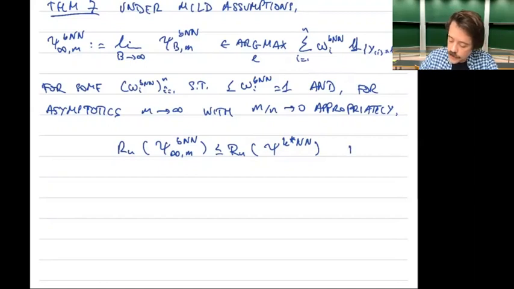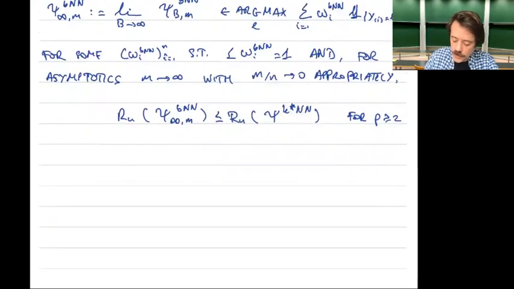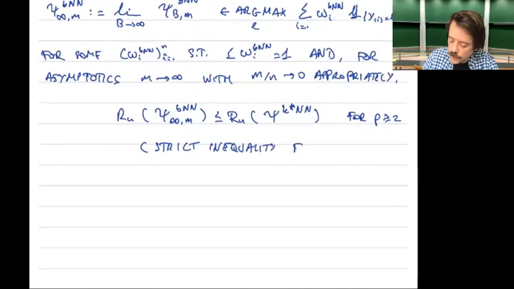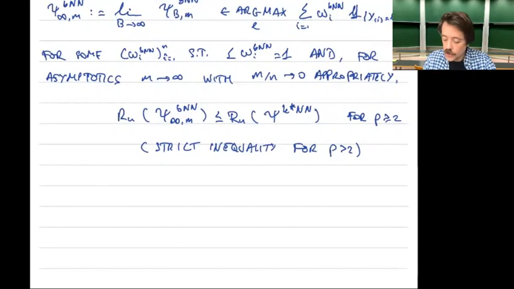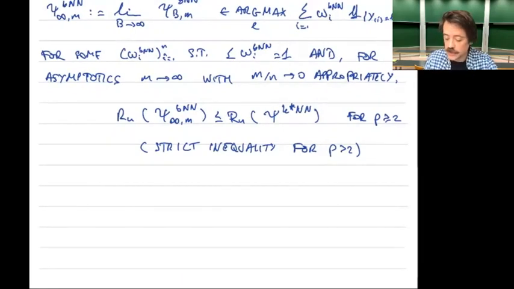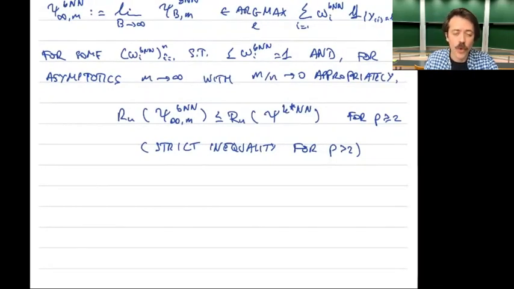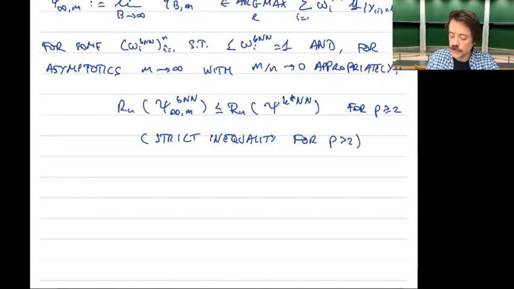Okay, and this is for p greater than or equal to 2, so not for 1, and we have strict inequality for p greater than 2. So we see that this bagged nearest neighbor classifier is actually better than the more intuitive ones, and also simpler ones that we introduced at first.